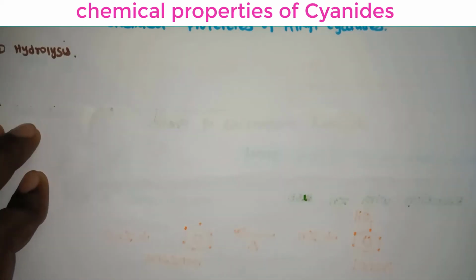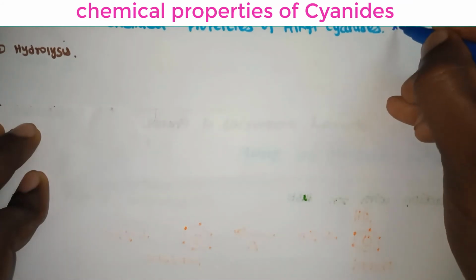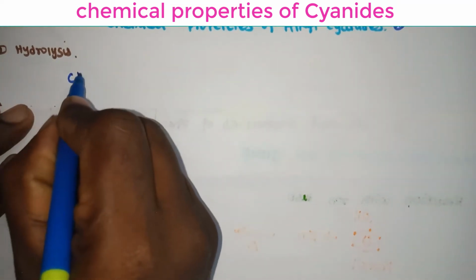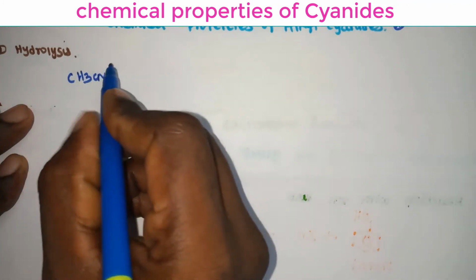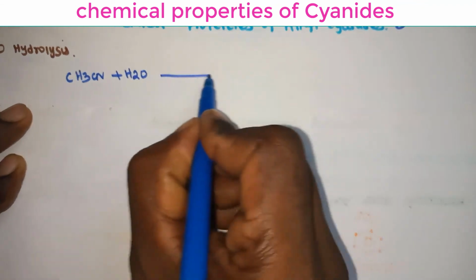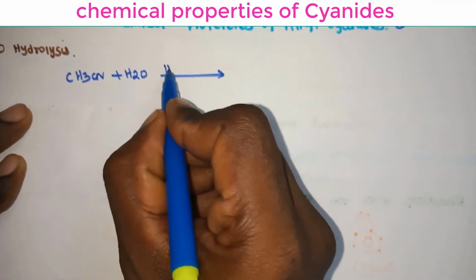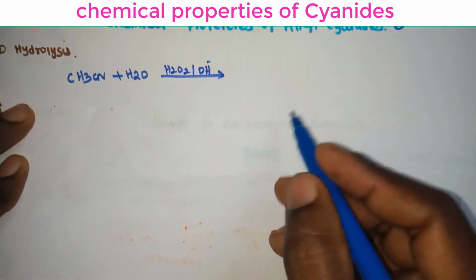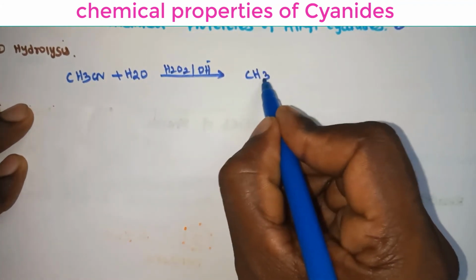Next are the chemical properties of alkyl cyanide. First one, hydrolysis. When alkyl cyanide reacts with base or dilute mineral acid, cyanides are converted into carboxylic acid. The first step is the formation of amide. Example, CH3CN, methyl cyanide, undergoes hydrolysis in the presence of H2O2 and OH minus. The first step is the formation of acetamide, CH3CONH2.